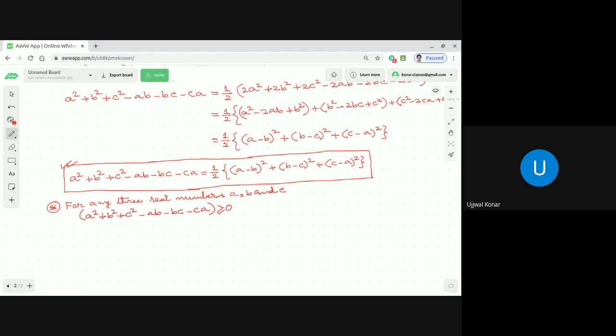Now the point is that a square plus b square plus c square minus ab minus bc minus ca is greater than or equal to 0. Then you may ask, why do you write equal to 0? Greater than 0 I understood, but why can it be equal to 0? For some condition it can be equal to 0. Could you please tell me what is the condition for which a square plus b square plus c square minus ab minus bc minus ca will be 0?